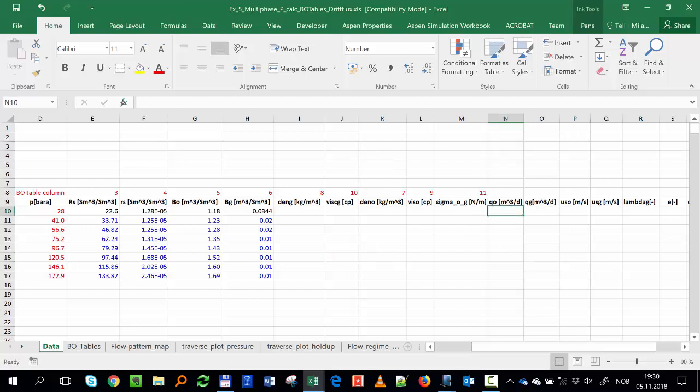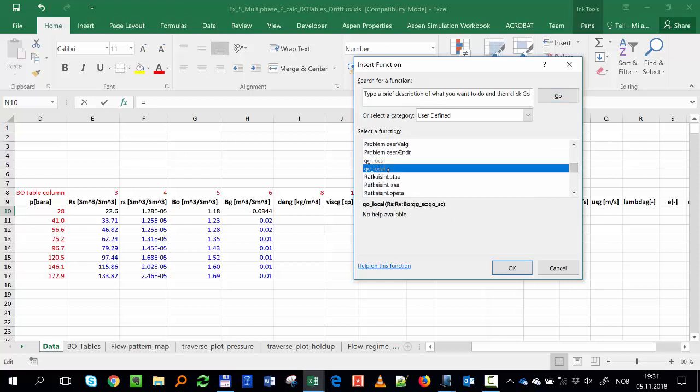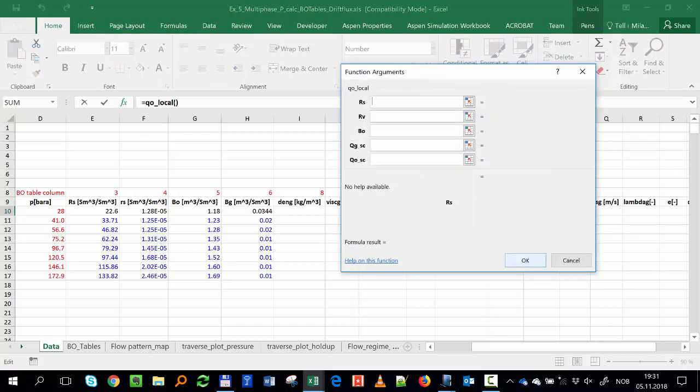Okay, so let's find it. QO, user defined, QO local. That depends on RS. Do I block it or not? No, I don't block it. I want it to be dragged down.